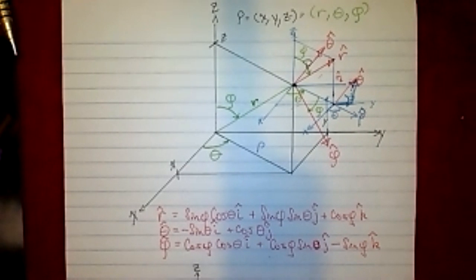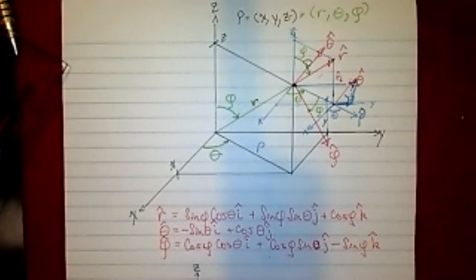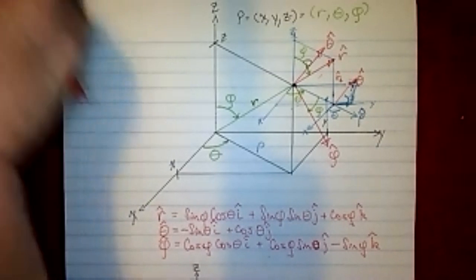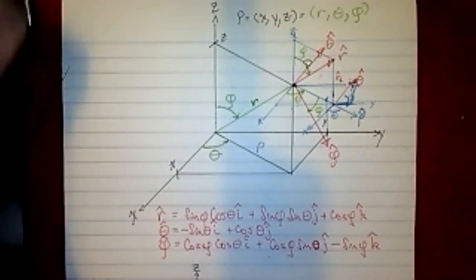So that is, in fact, the unit vectors for the spherical coordinate system. And they can come in really handy. Again, as you can tell, like with the cylindrical coordinate systems, these unit vectors are functions of position. They actually change as a function of position.